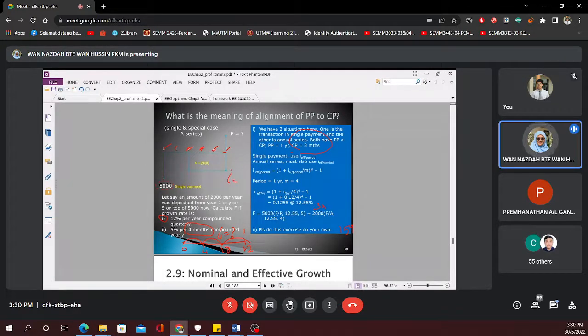So for 1 year, the total I equals 15% because it is compounded yearly. So every year, the bank charges you 15% interest. Understood, Doctor.